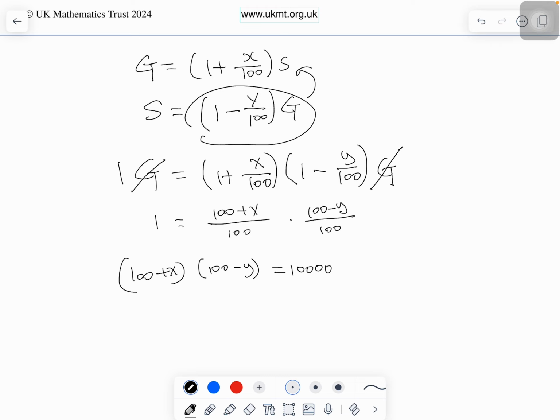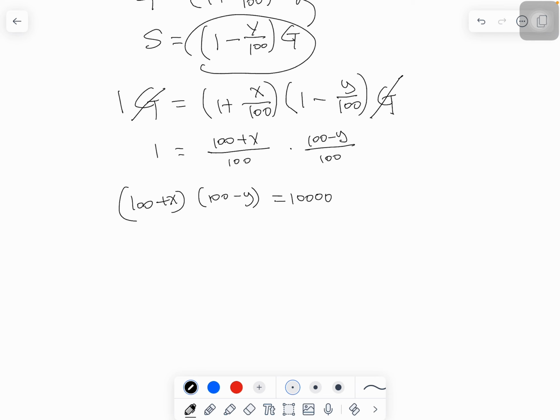So for example, now we can find the pairs of factors of 10,000. For example, 1 times 10,000. If we make it, then Y becomes 99 and X becomes 9,900, for example.